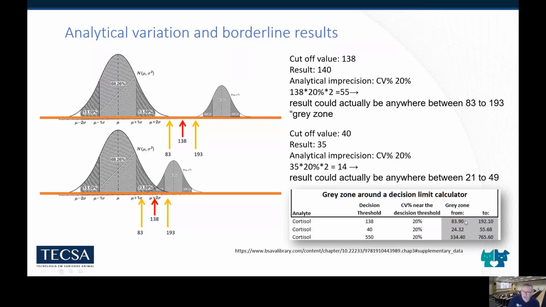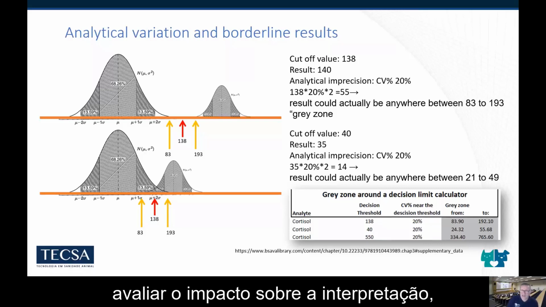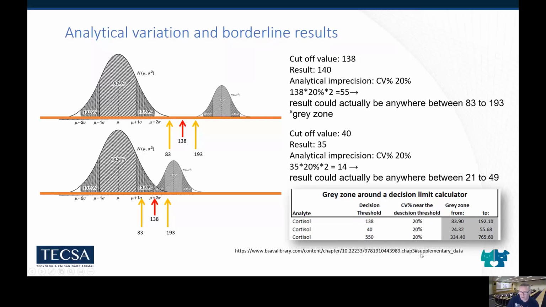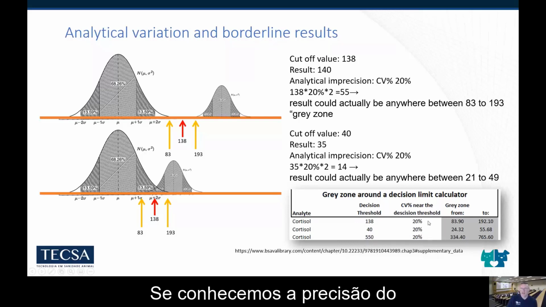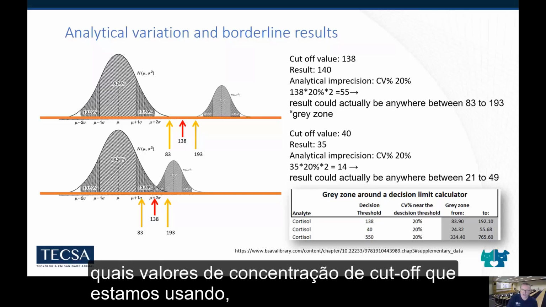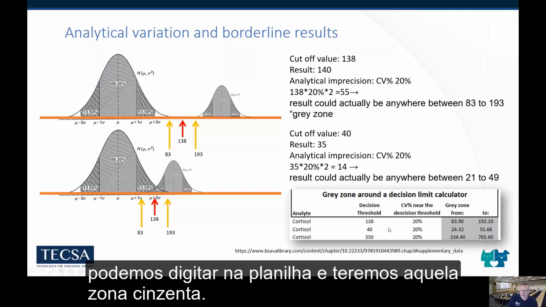So trying to understand that impact on interpretation, it's sometimes helpful. This little calculator that I've used here is available from a BSAVA website. And so if we do know what the precision is in the lab we're using, the method we're using, at the concentration cutoff values that we're using, we can plug that into the spreadsheet and it'll tell us what our grey zone is.